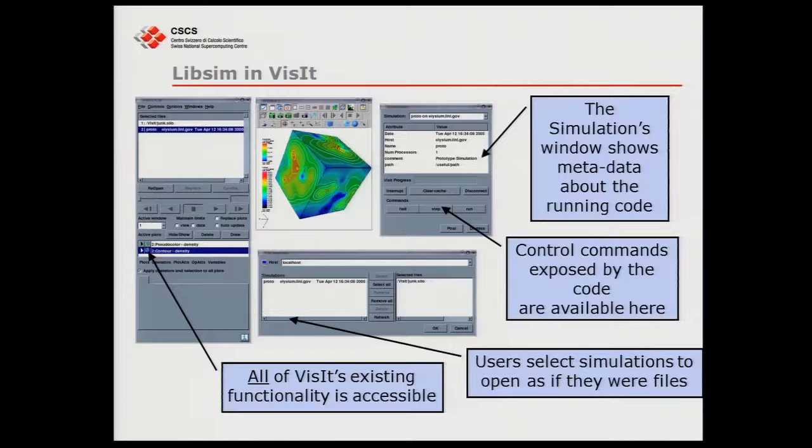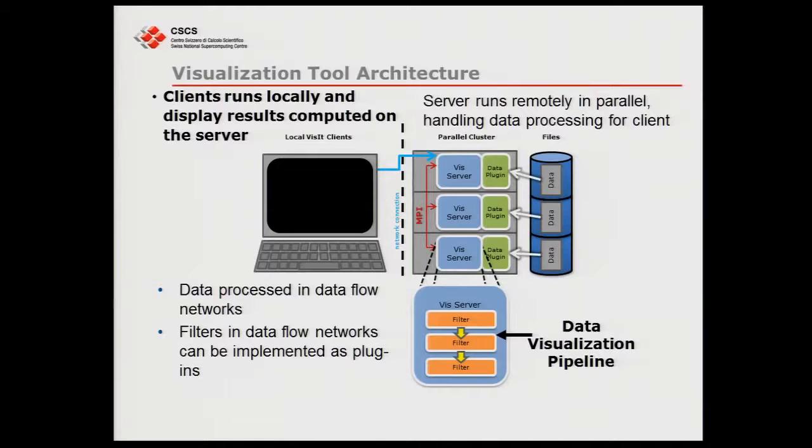From the point of view of the user, you've seen it already when I was showing you the 2D heat equation solver. It looks just like the standard VisIt. VisIt doesn't know the difference except for this particular panel, which shows the run, step, hold, and whatever menu you want to add to the interface.